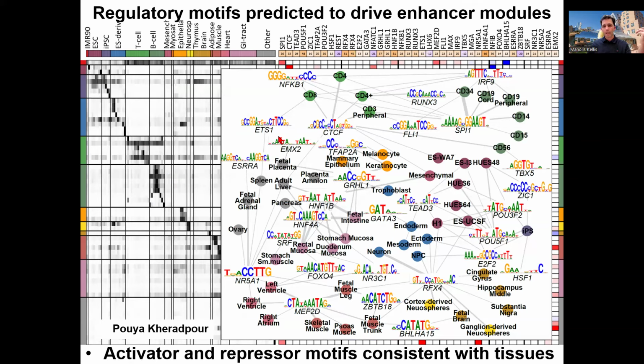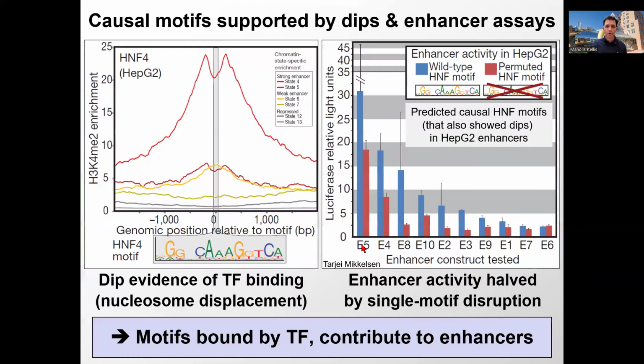You can start saying, okay, we have ETS1, PU.1, etc., that activate immune cells. So SPI1 is the same as PU.1. Sorry about that. You have neuronal factors like RFX4, associated with neurospheres and so on and so forth. You can kind of build a network of regulators.